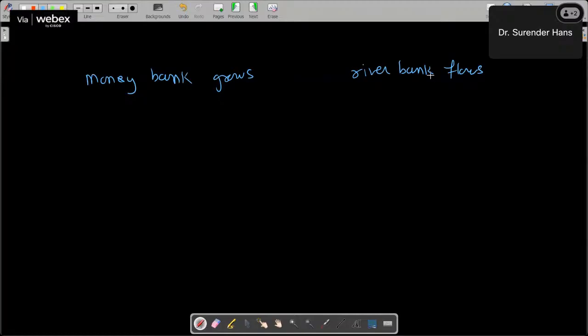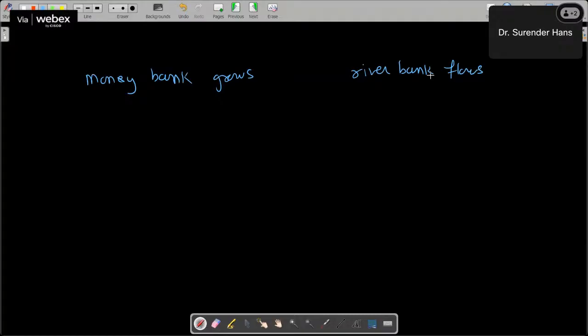Okay, these two sentences actually do not have any technical meaning. It is just good to listen to because they are kind of rhyming sentences: money bank grows, river bank flows.